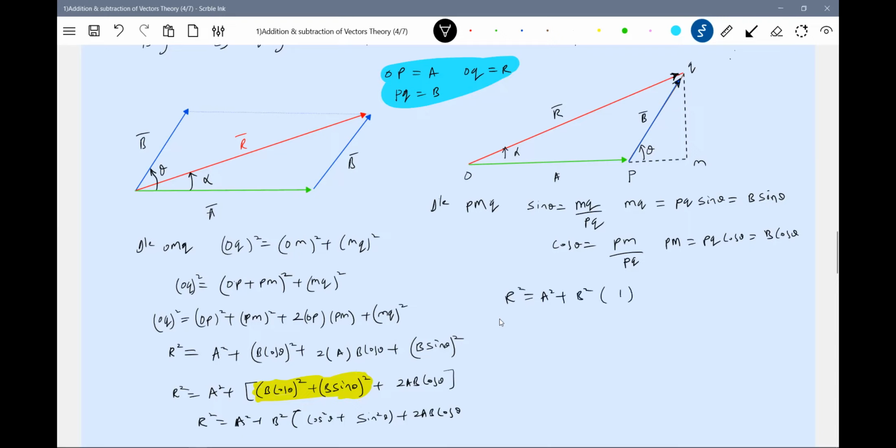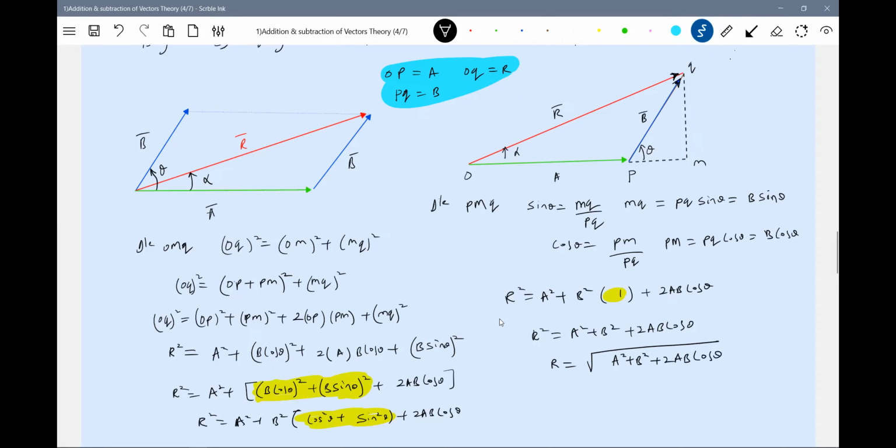It should be 1. Then plus 2ab cos theta. R square equals a square plus b square plus 2ab cos theta. Okay, finally we ended up with the answer. So the resultant R is given by the square root of a square plus b square plus 2ab cos theta.